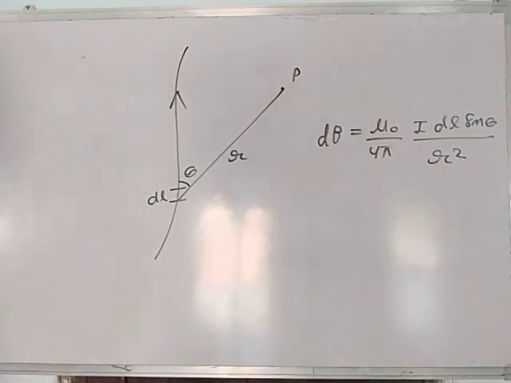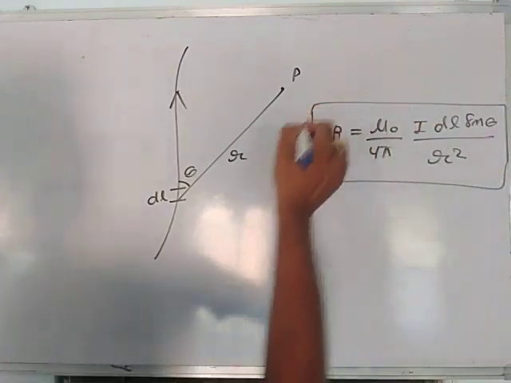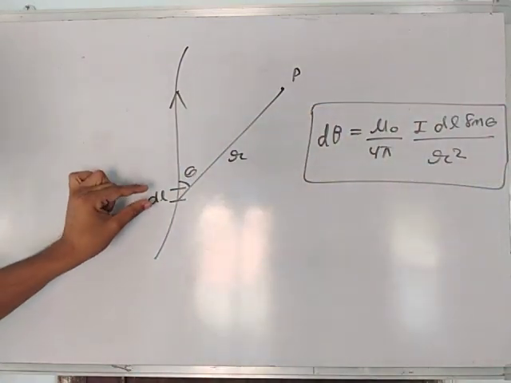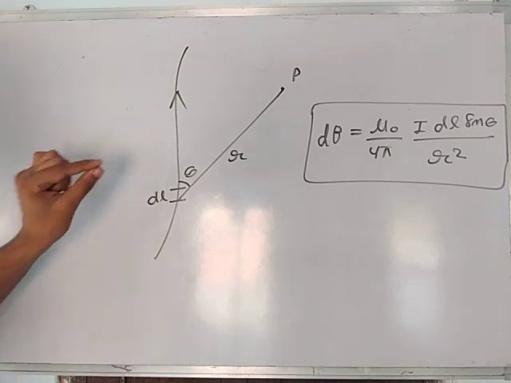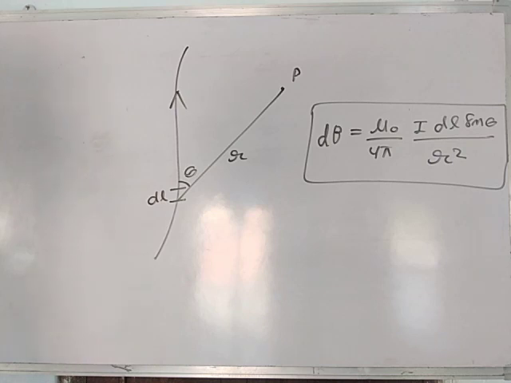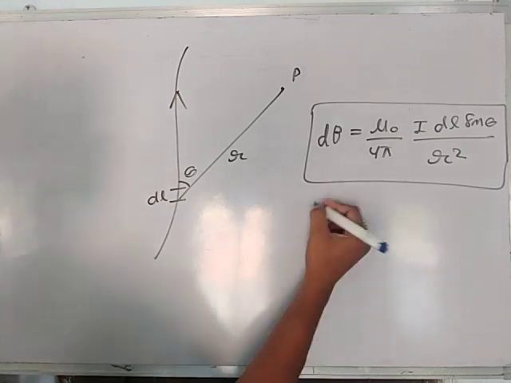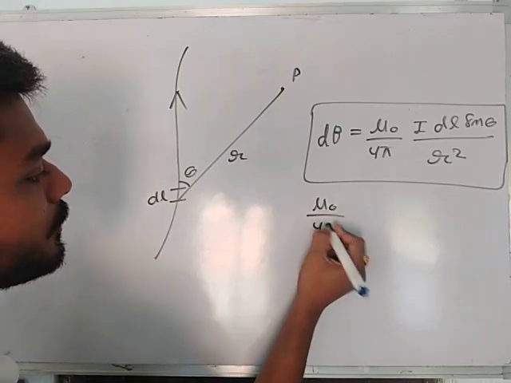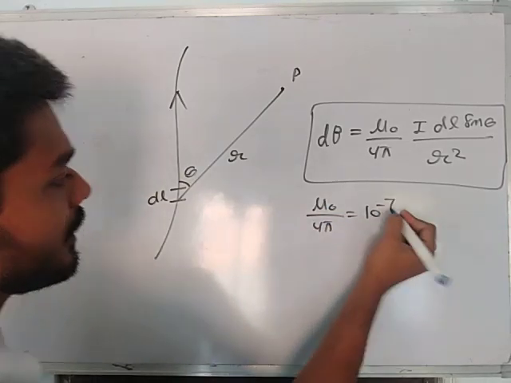We have discussed this formula, that the magnetic field at any point P due to a small current element dl which makes an angle theta with r is equal to mu naught upon 4 pi I dl sin theta by r square, where mu naught by 4 pi is equal to 10 to the power minus 7.